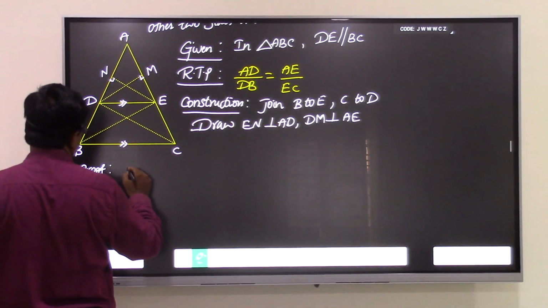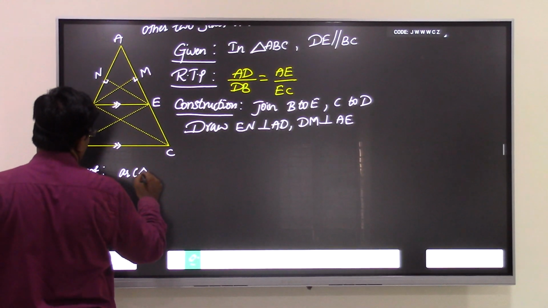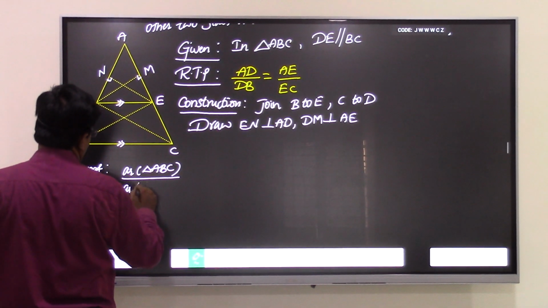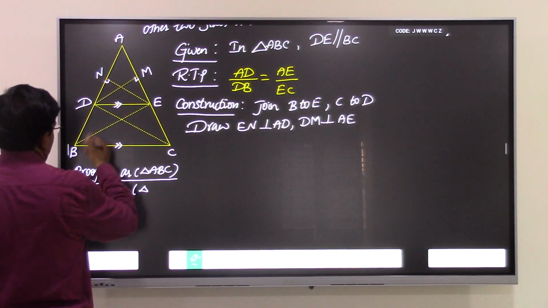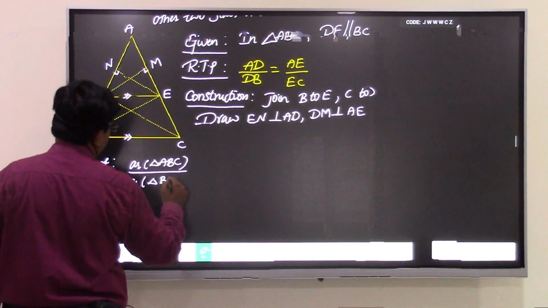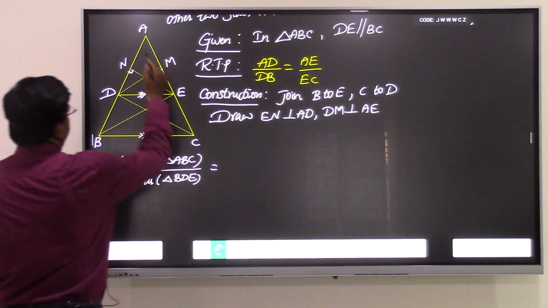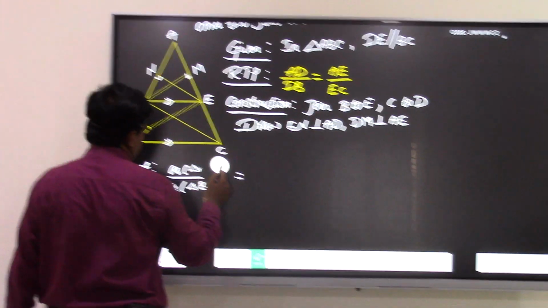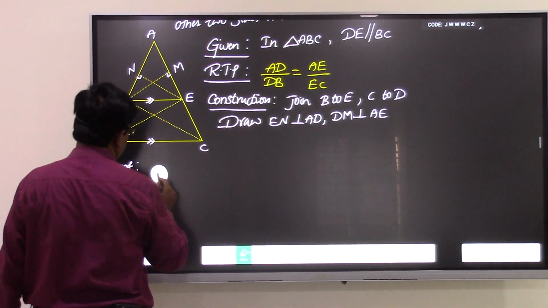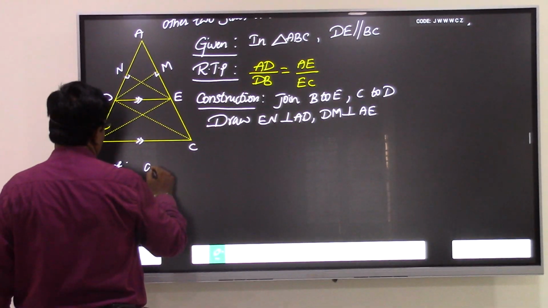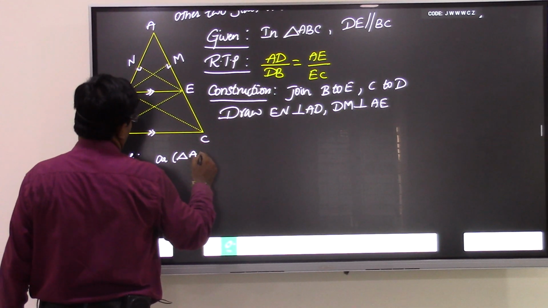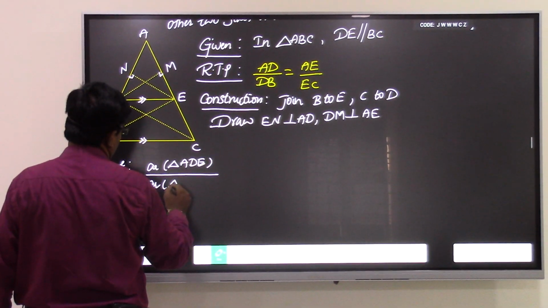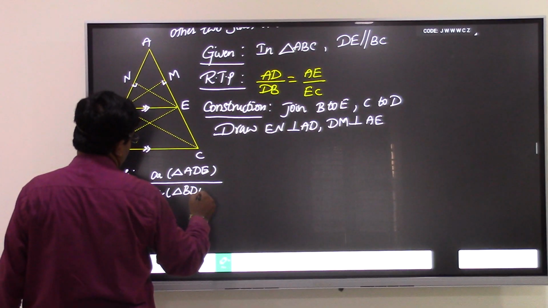I am taking area of triangle ADE by area of triangle BDE.